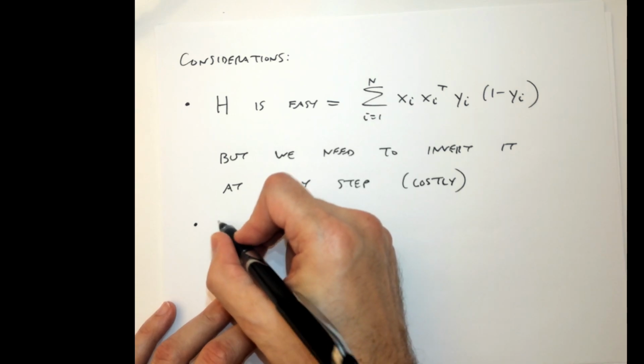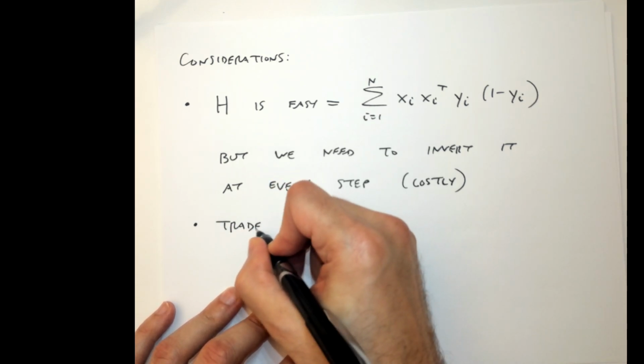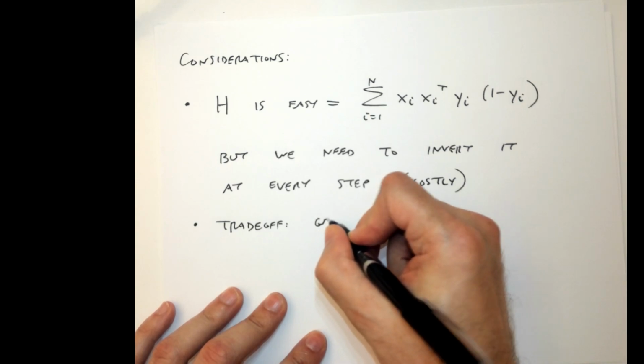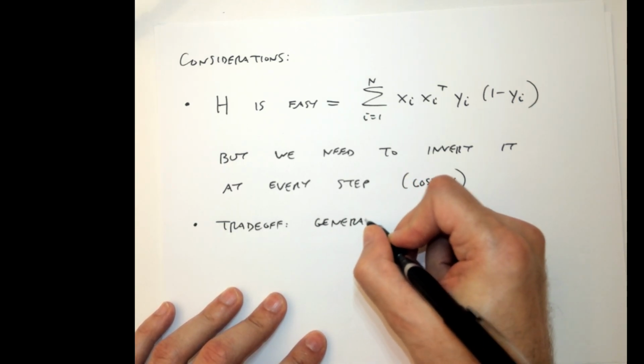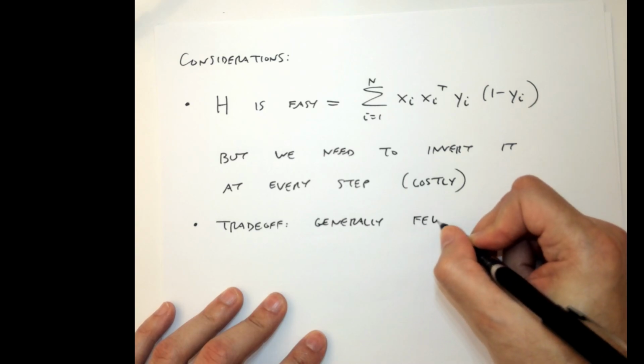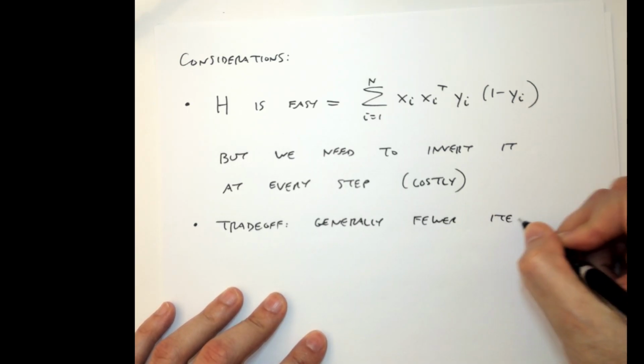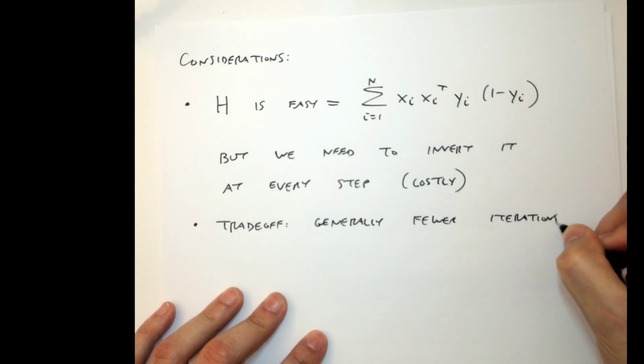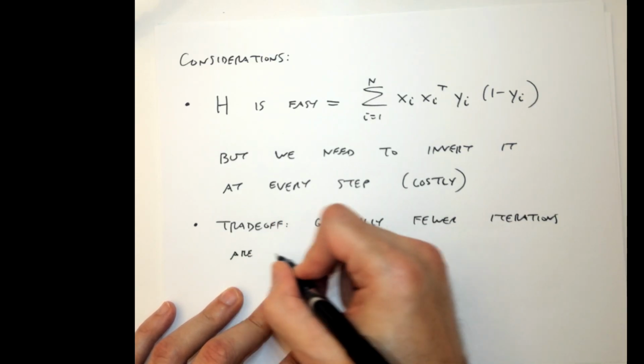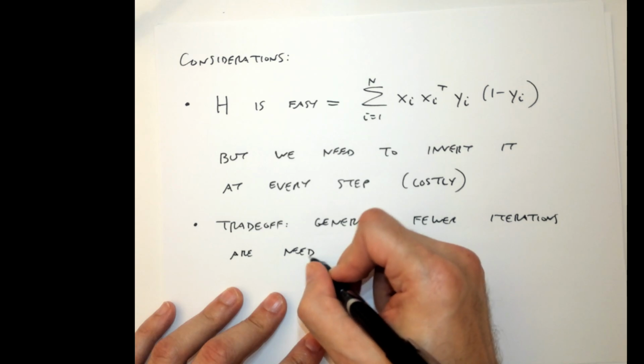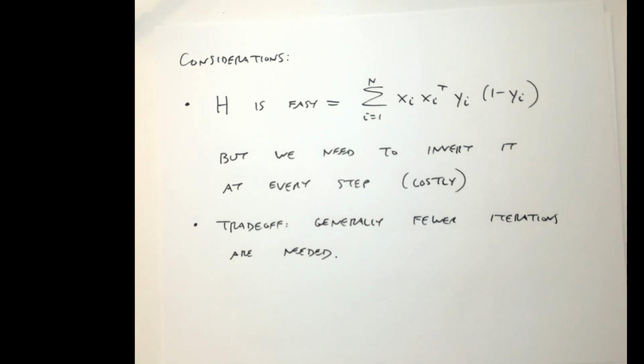But the trade-off is that generally fewer iterations are needed, right? So I may get to the answer in like 2 or 3 of these Newton-Raphson steps as opposed to like 19 or 20 gradient descent steps.